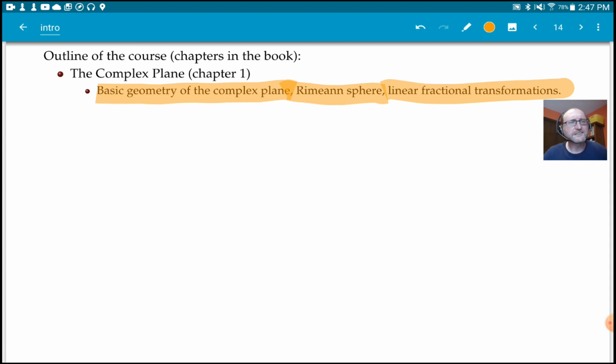I'm assuming that you've maybe seen a little bit of this, maybe not as much. And I just noticed there's a misspelling of the Riemann sphere, so that's terrible.